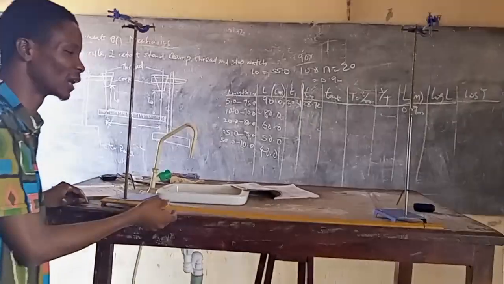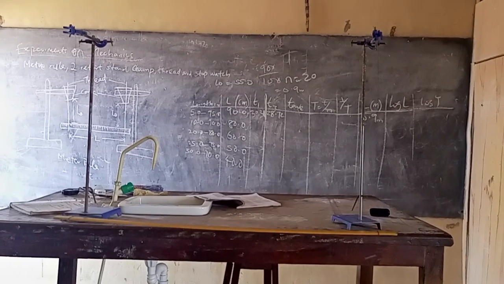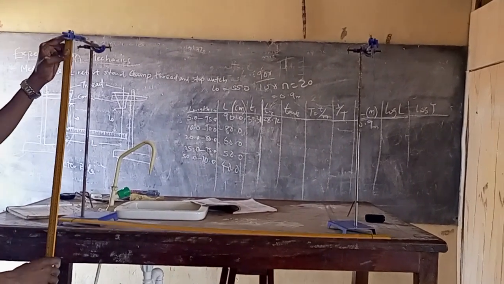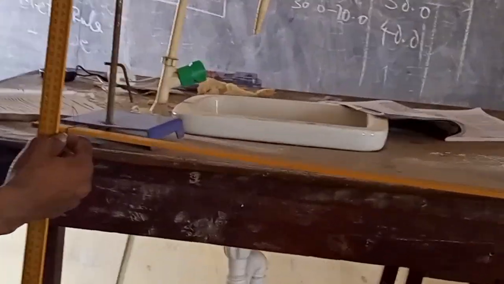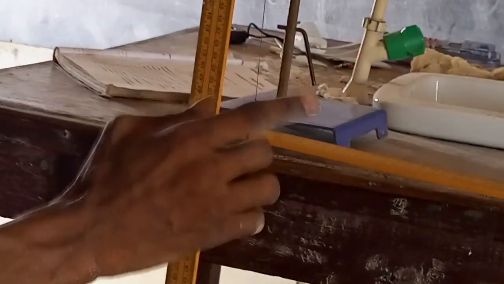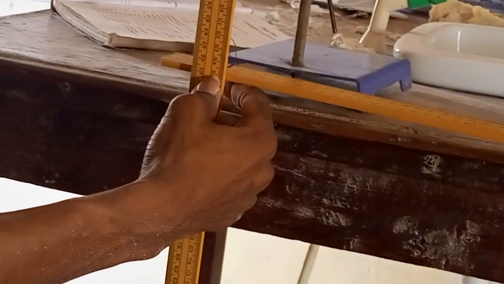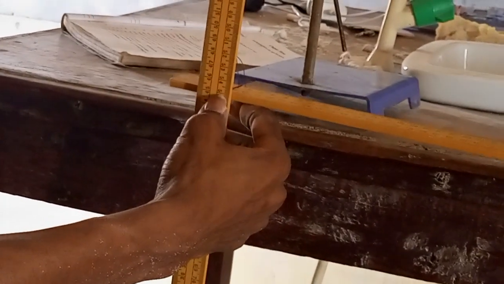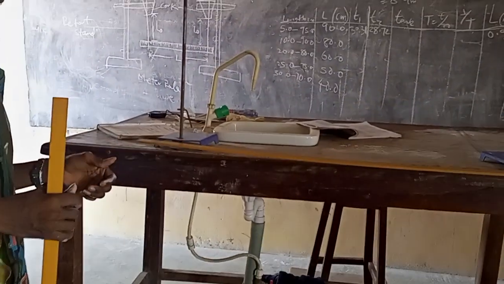For each experiment, you must check with your ruler that it is still 55 centimeter. You can see this is 55 centimeter. Then you can now perform the experiment on moments.